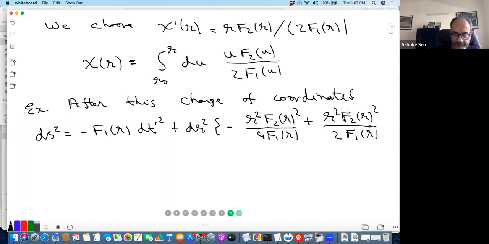These two terms in fact combine, but I have just written them down explicitly.